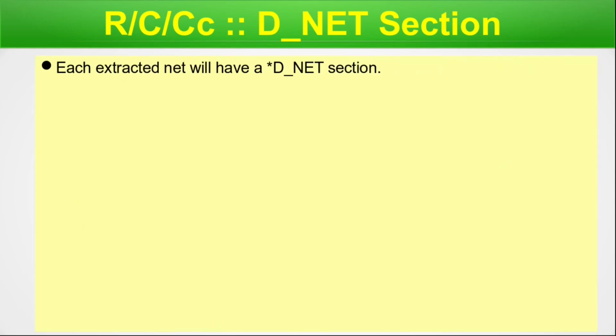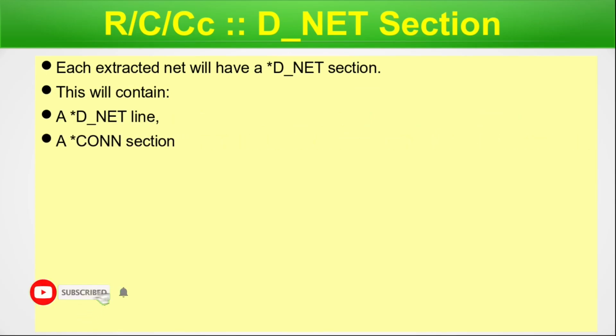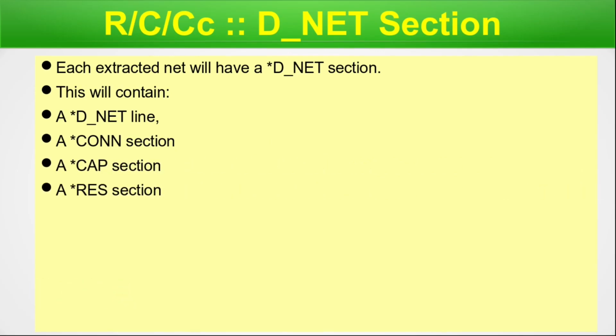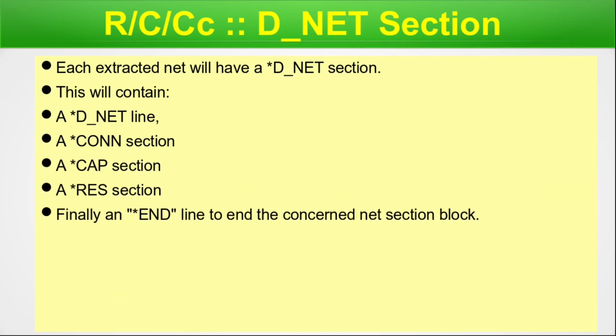Each extracted net will have a DNet section. This will contain a DNet line that starts with *D_NET, a CONN section, a CAP section, a RES section, and finally a *END line to end the concerned net section block.